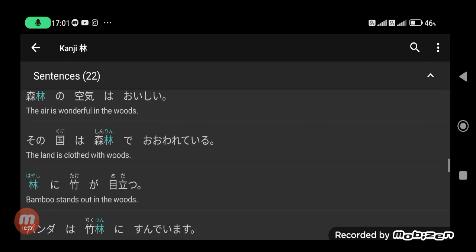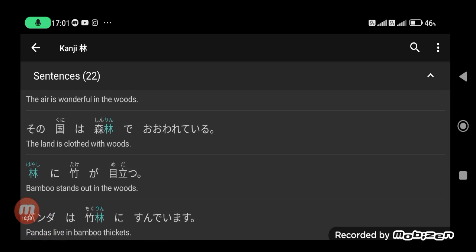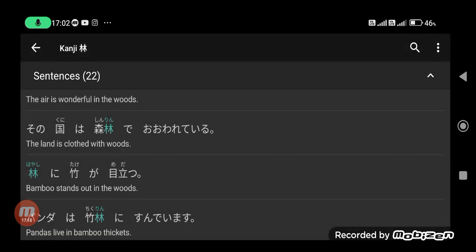Or rather, four sentences. The land is clothed with woods. So shinrin is woods. The land, meaning kuni, can refer to land or country. その国は森林で覆われている。 The sentence composition here is in passive form.